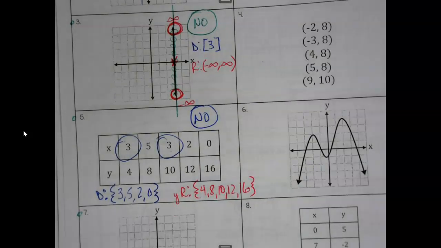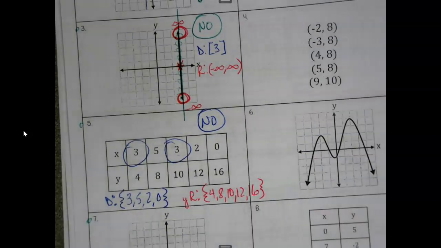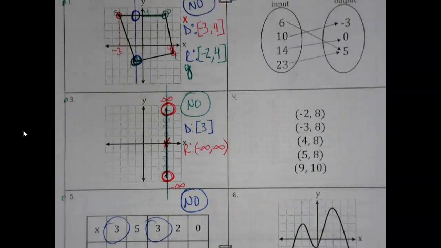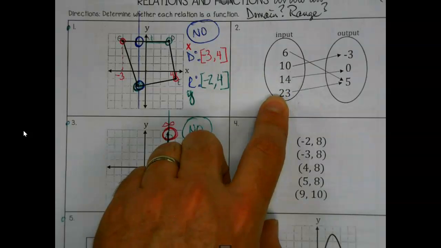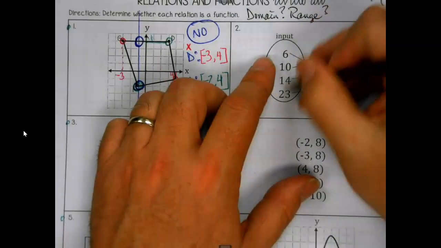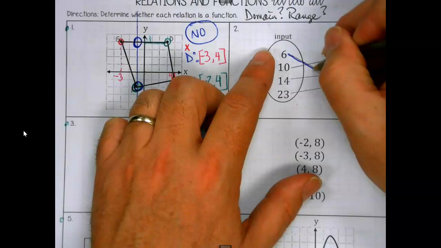All right. Let's go back up to number 2. I wasn't going to do any evens, but I need to find something that's actually a function. So if I have a chart, now, all the x's are different, that's good.